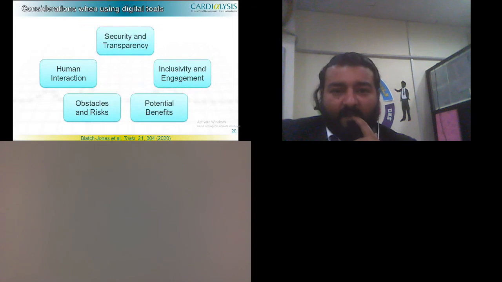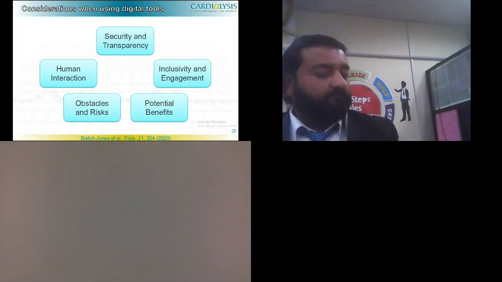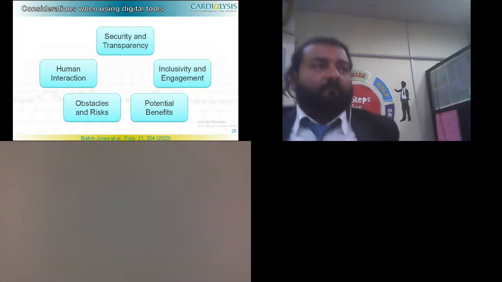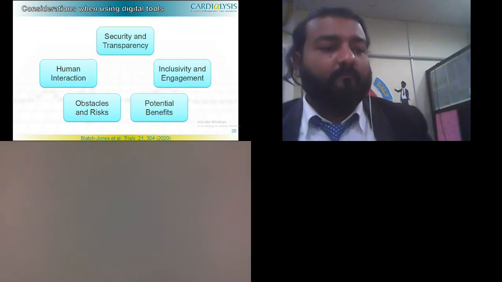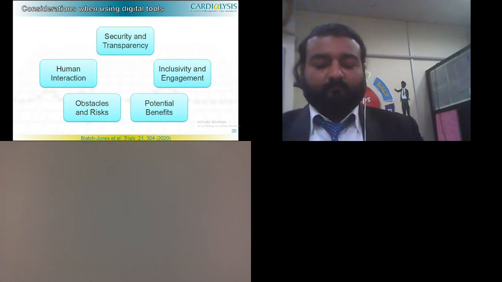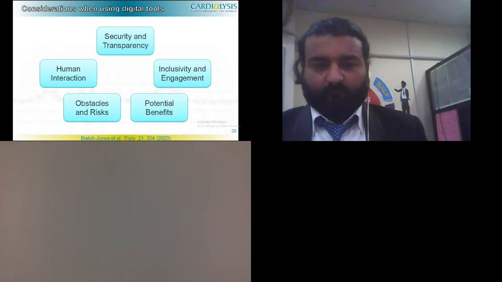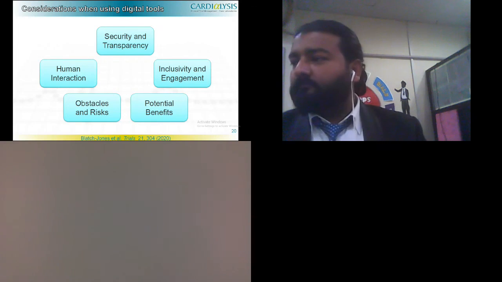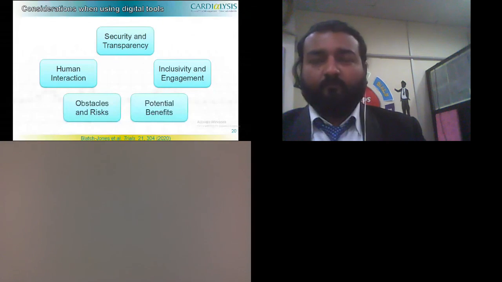So these are the considerations when using digital tools. Security becomes very relevant, transparency with the patient, where the data is going, who is managing the data, how can we trace the data. The human interaction factor needs to be weighted when making decisions to run trials. There could be obstacles and risks that need to be assessed, and of course the potential benefits.